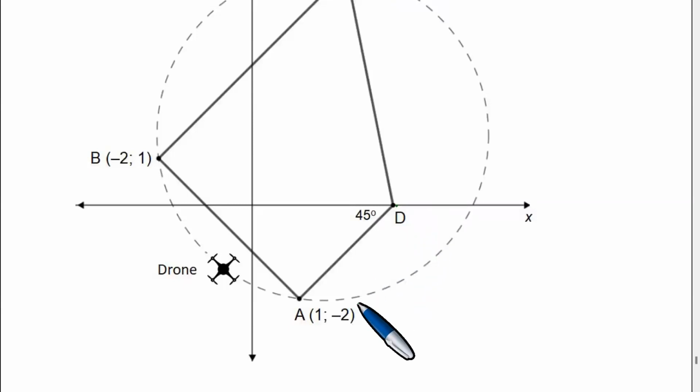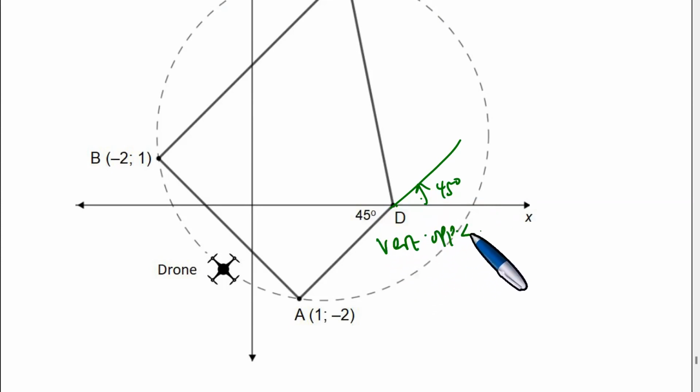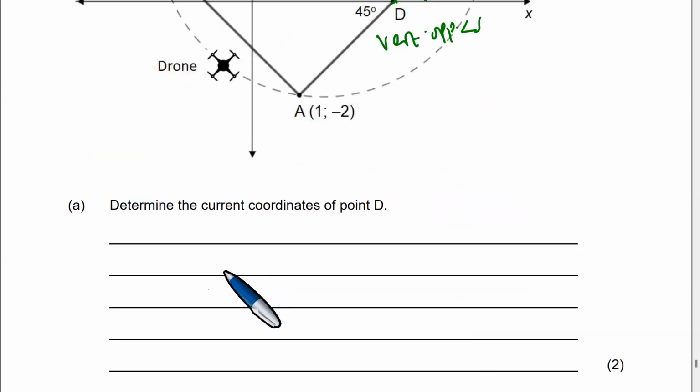One way to find the coordinates of point D is to deal with the line AD. The line AD can be seen as a line like so, making an angle of 45 degrees there. These angles are the same because they are vertically opposite angles, and that means we can deal with the line AD.